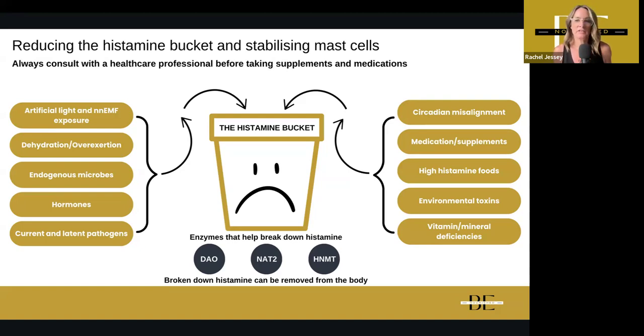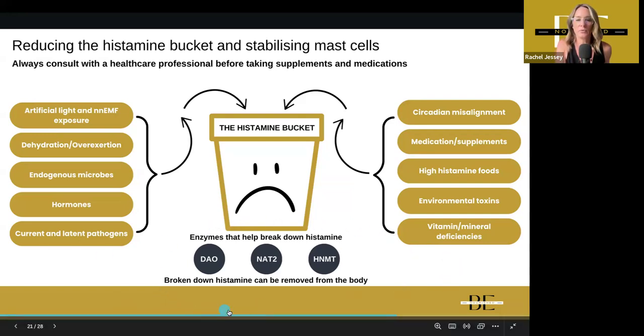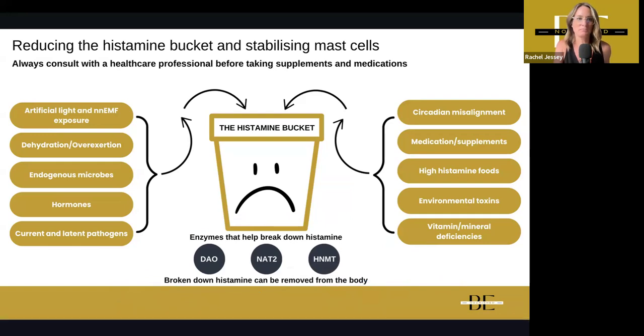And then I'm looking at diet, environment, vitamin and mineral deficiencies, hormone imbalances, and also any current or latent pathogens. And then on top of that, I can look at how your genes or your enzyme pathways are potentially responding, and you can do that through specific genetic testing.